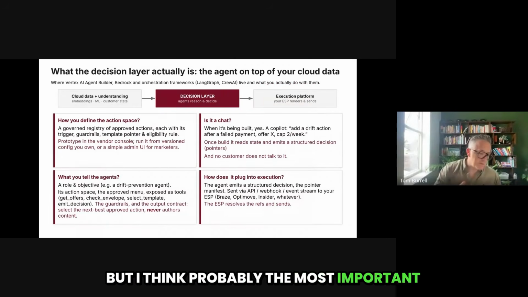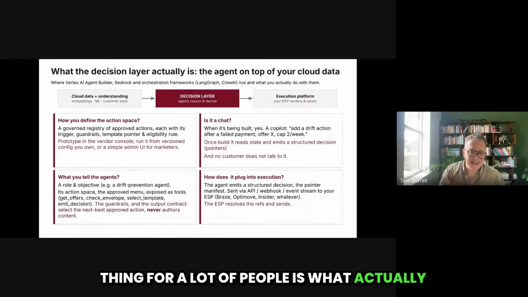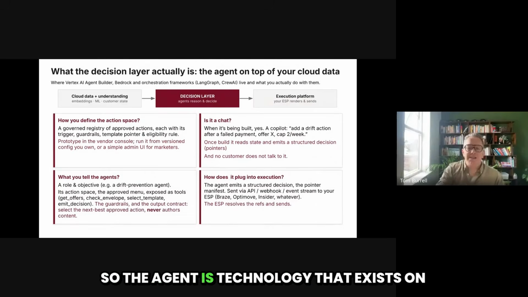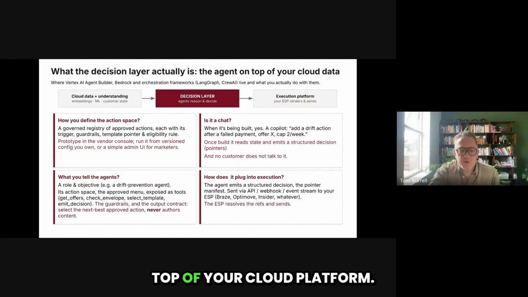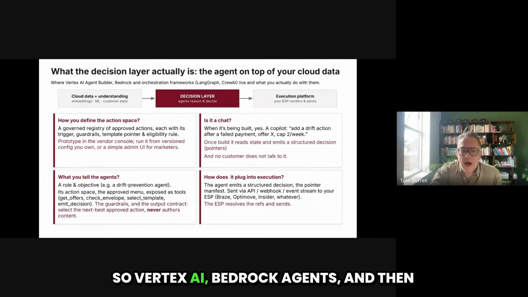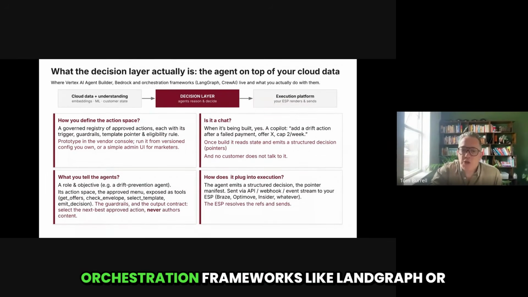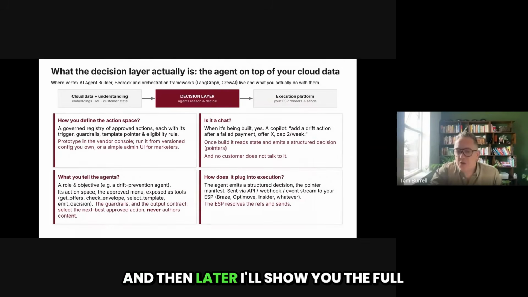But I think probably the most important thing for a lot of people is, what actually is the agent? The agent is technology that exists on top of your cloud platform: Vertex AI, Bedrock agents, and then orchestration frameworks like LangGraph or Pru AI. Later I'll show you the full architecture, but there are lots of different options.